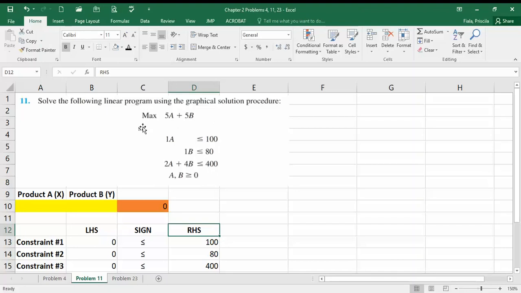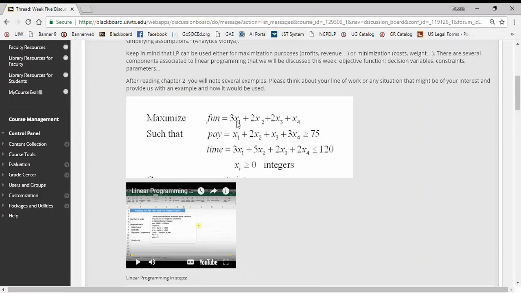What values you're going to plug in here will maximize your objective function by finding the optimal solution, which is a point on your graph.